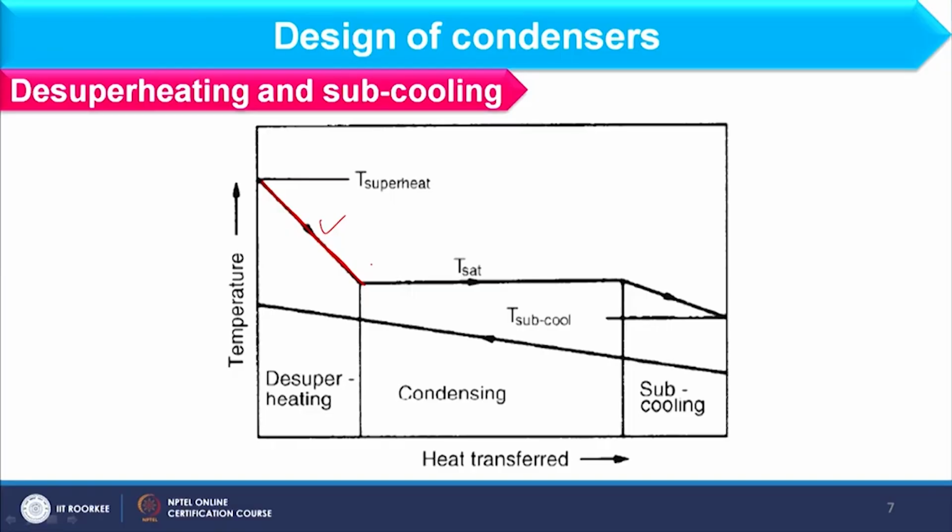First, de-superheating takes place, which is a non-isothermal process, because at that point it transfers sensible heat. When it reaches the saturation condition, the condensation will proceed, and after that we can obtain a certain amount of subcooling also, because the condensate may go to a storage vessel where a particular temperature is required.